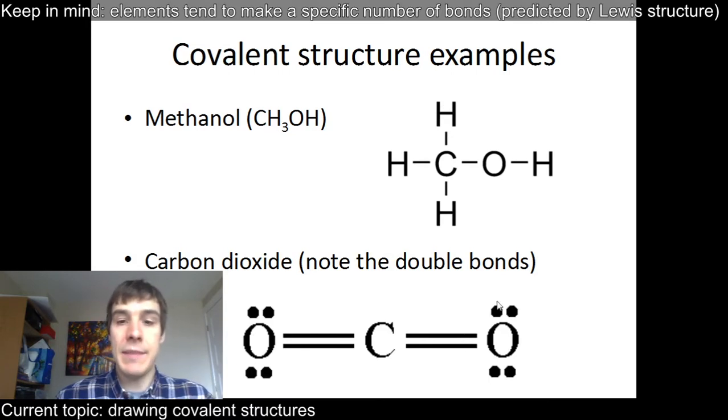We just represent them as a pair of dots like we normally do in a Lewis structure. And of course, Lewis structures will help us predict what kind of bonding these things are going to want to make. This methanol actually needs to have 4 dots around it to show that there's a stable octet.